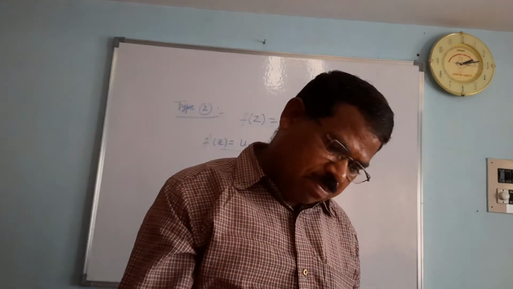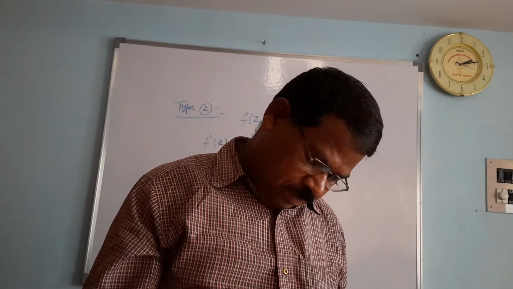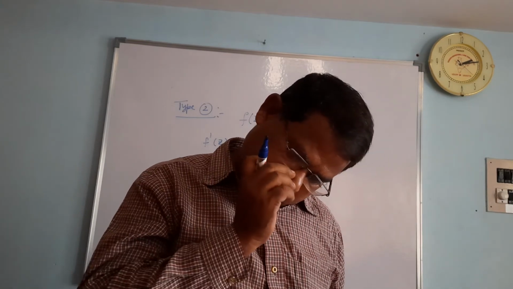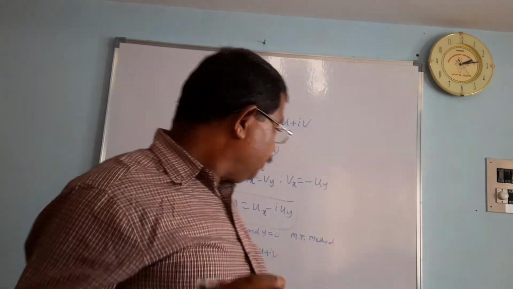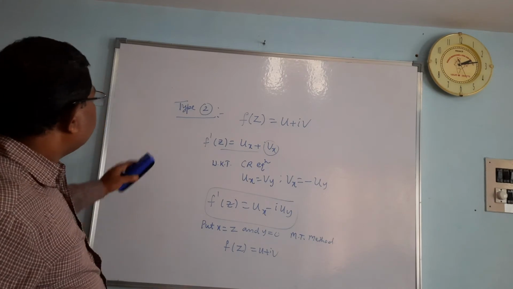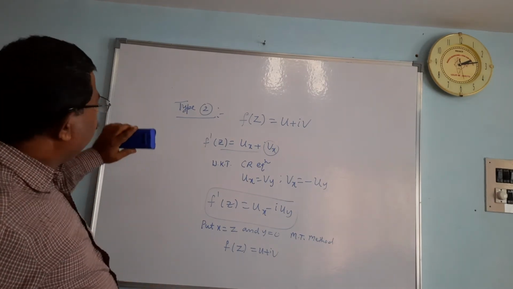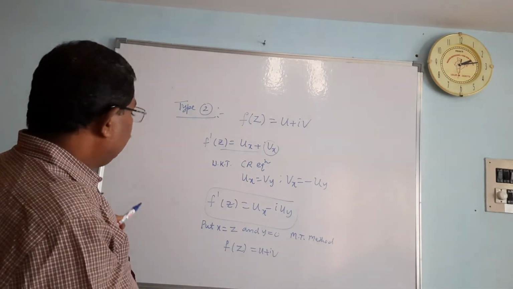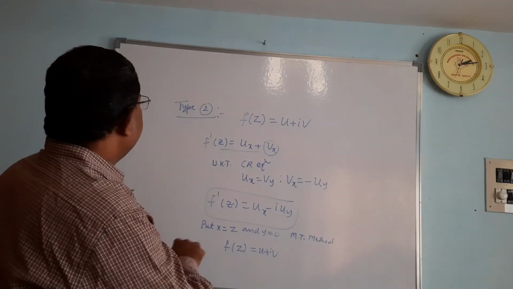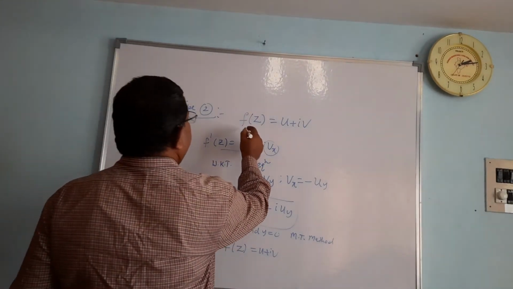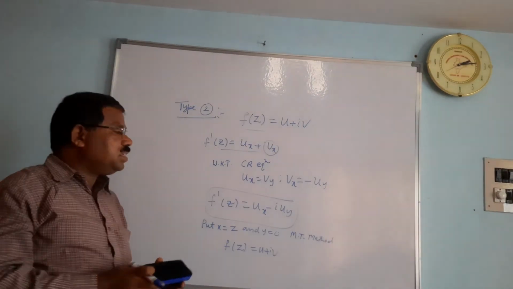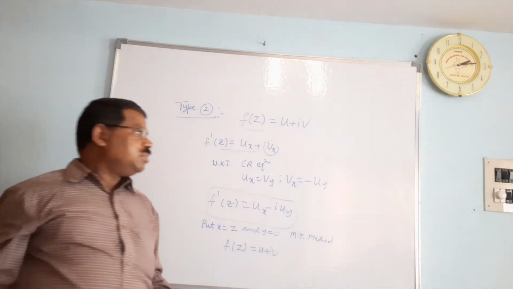Here, type 2 method problems. Take one problem. Understand the procedure. In this type 2 problem, either the real part or the imaginary part is given.